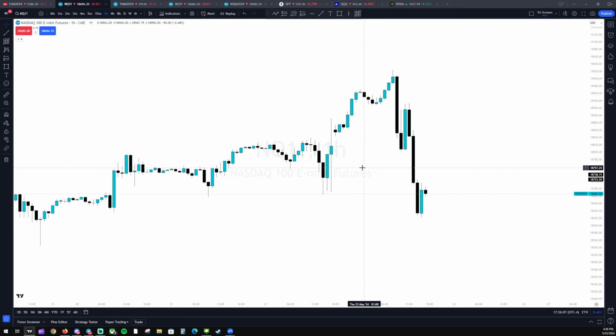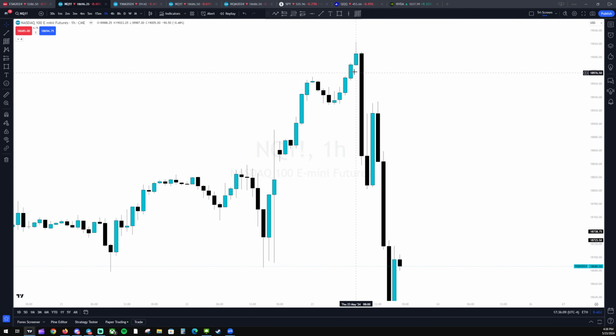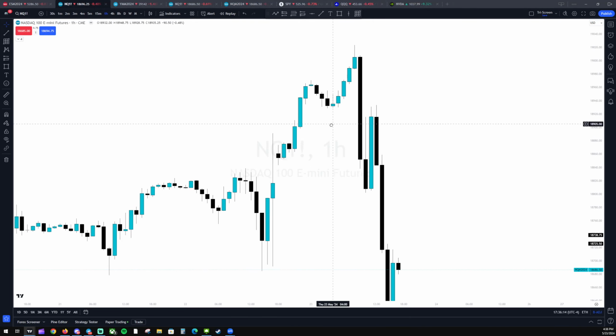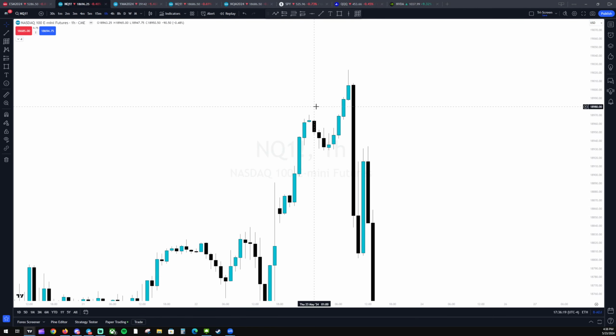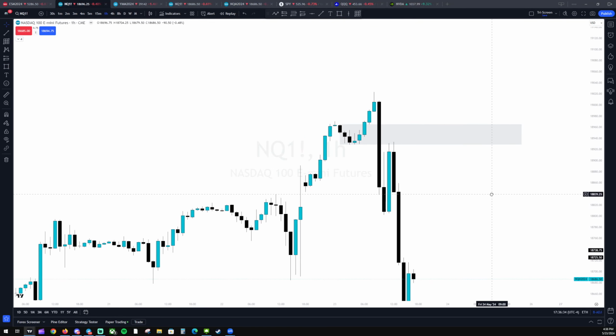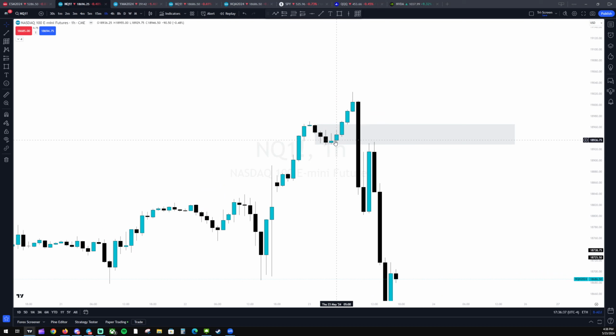So basically, a breaker block is going to be when you take a high, you take a low here, and then you take another high, and then you close back below. This turns into your breaker block. So basically, prior resistance right here breaks out of it, closes back below.